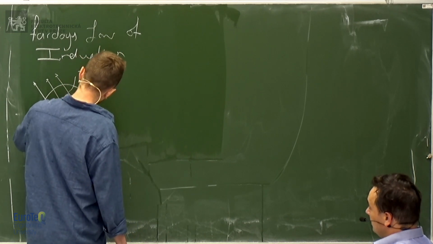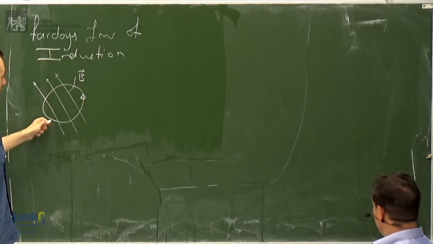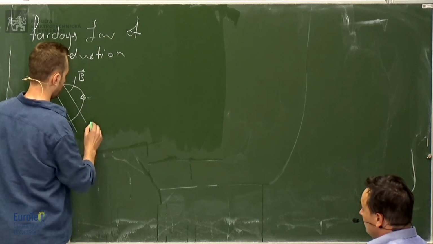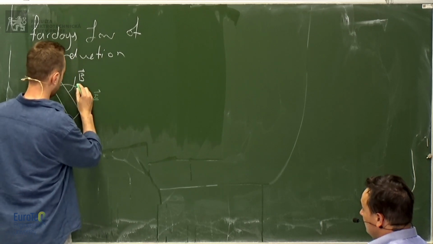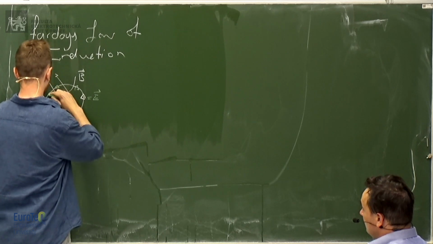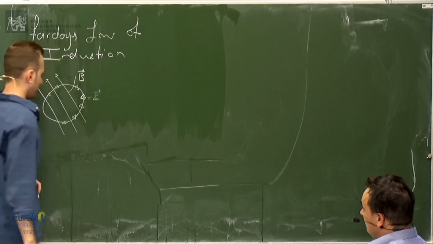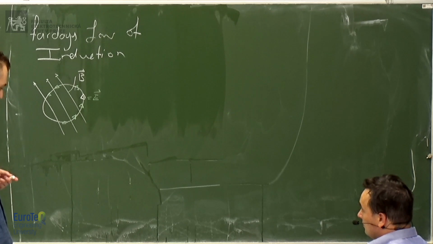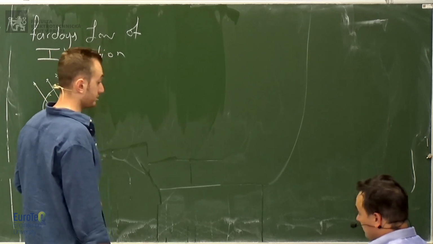It's a magnetic field crossing a surface area, and that induces an electric field in this loop. The important thing to note is that the magnetic field must be changing with respect to time in order to induce an electric field within that loop.